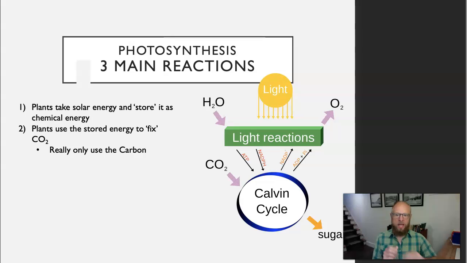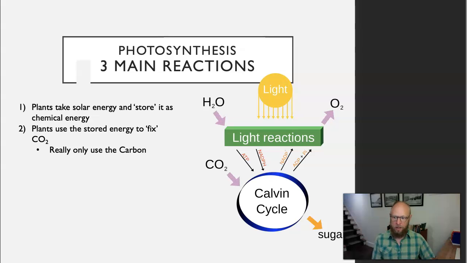One of the main functions that that energy powers is the fixation of carbon. So the second step is where plants use that stored energy to grab a CO2 molecule and take that carbon out of that CO2 molecule. We call this fixing or assimilating carbon.